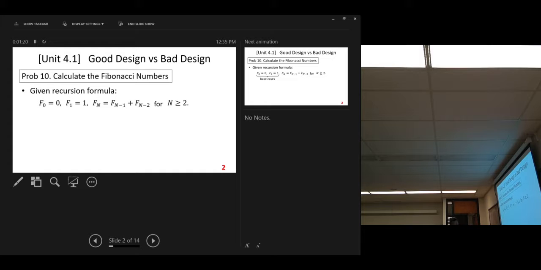Okay, Fibonacci numbers. All right, now we need to calculate. So given any n, we need to find F sub n, the Fibonacci number. Okay? So the first few numbers of the sequence look like that.